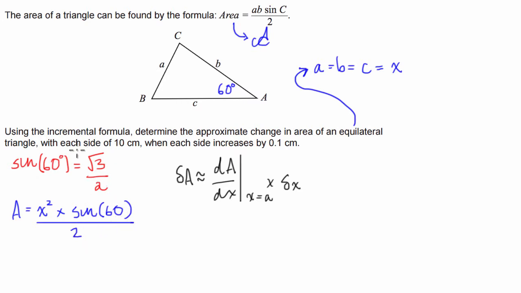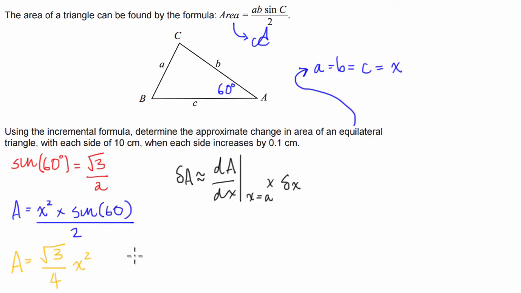Now sine of 60 we've just found out is square root 3 over 2. So we can rewrite this and say that the area of this triangle is square root 3 over 4 x squared. The way I've done that is I've just multiplied the two denominators together and put all of the constants as a coefficient of x squared.